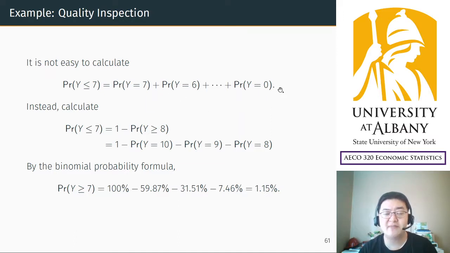If you take the first method, you have to do that 8 times, but now you need only 3 times. So obviously, the second method is a better way to calculate the probability. Just use the formula. I'm not showing the details. Then 100% minus the 3 probabilities equals only 1.15%. So the probability of rejection is only 1.15% given these parameters.